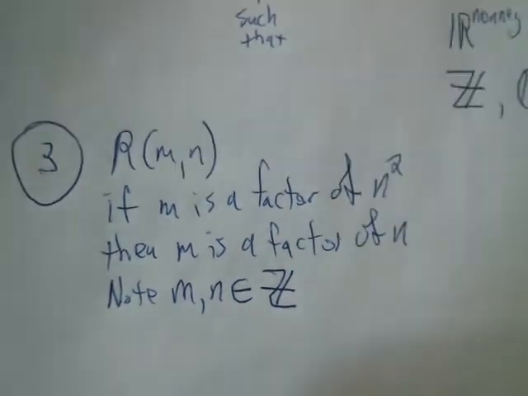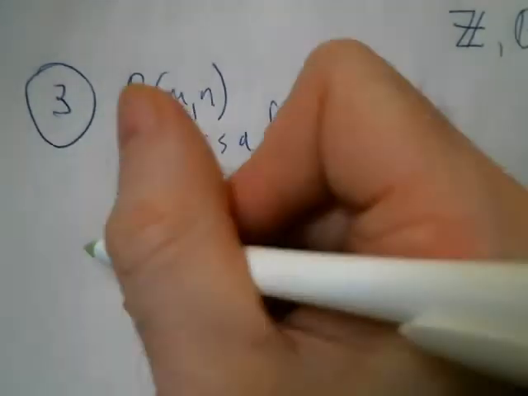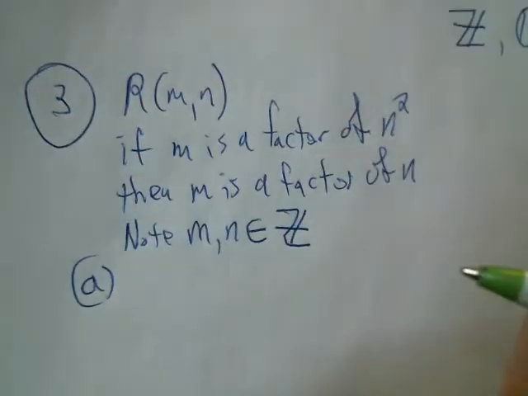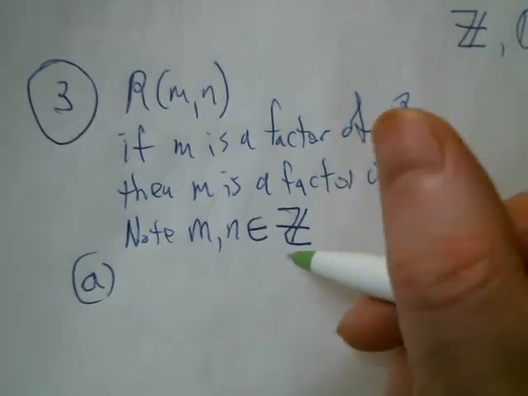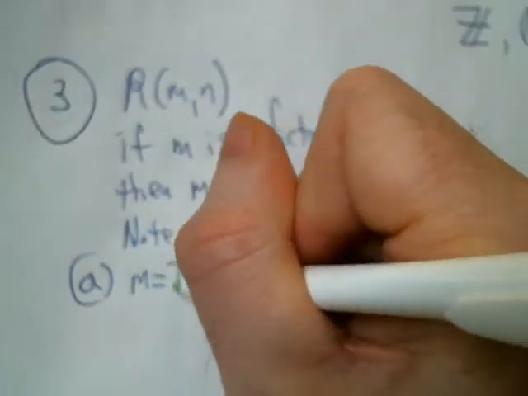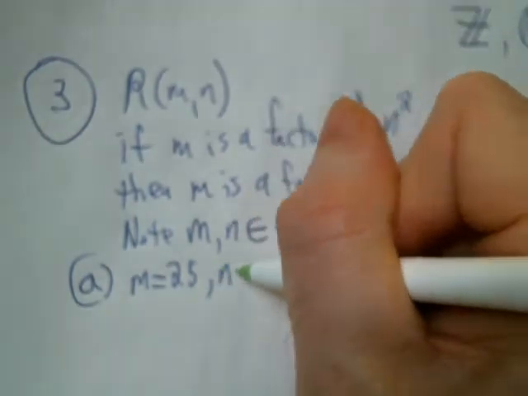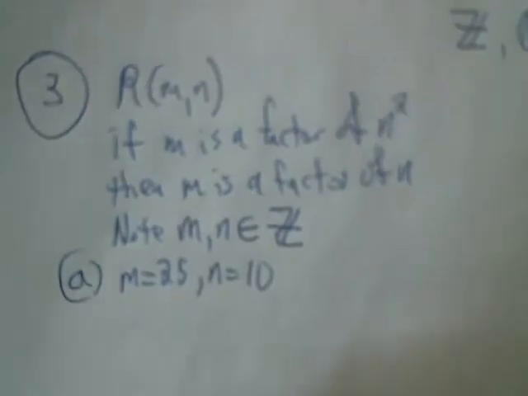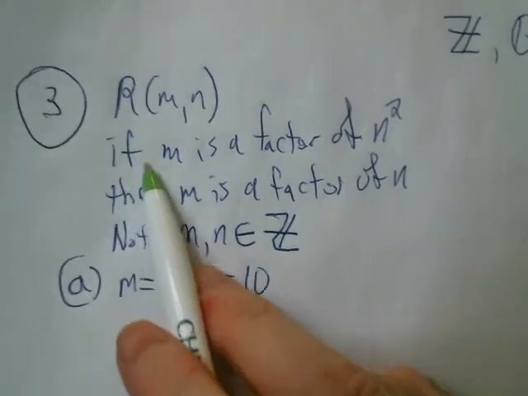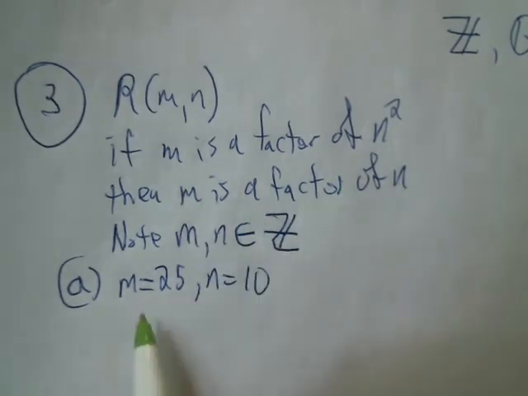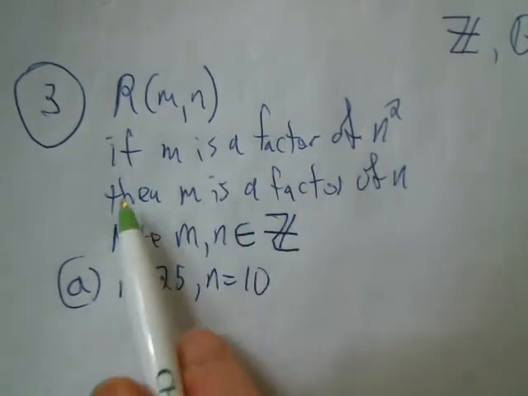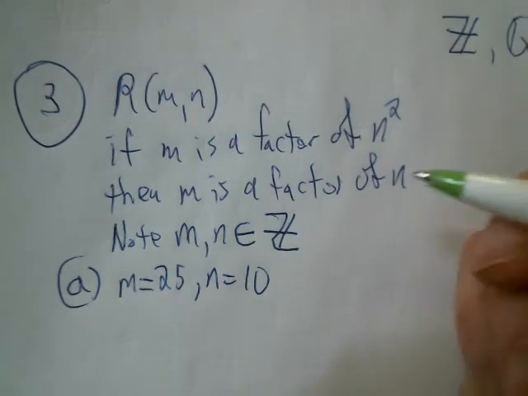Okay. All right. So part A, explain why R of m, n is false if m is 25 and n is 10. So here we have m is 25 and n is 10. Okay, so note if we plug these numbers into this statement, the first part will be true if m is a factor of n squared.